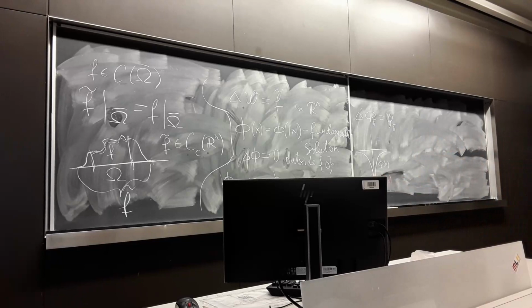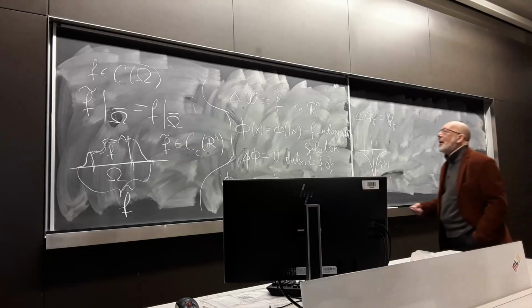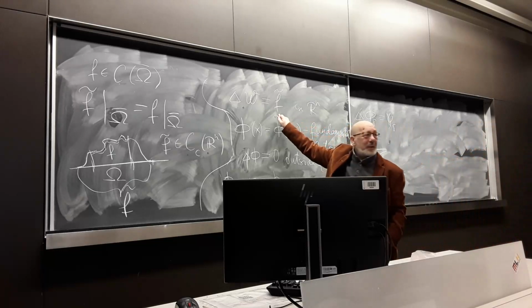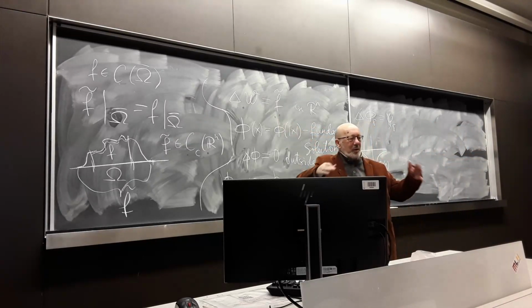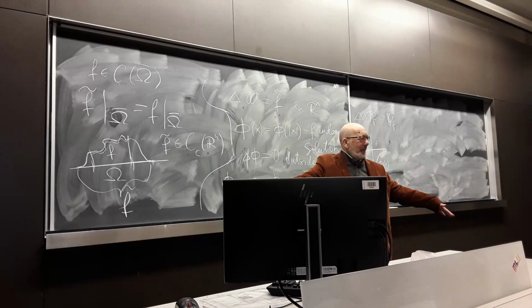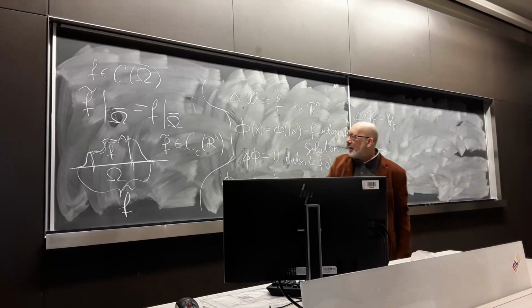So f is equal to f tilde inside of omega, right? But isn't the Laplacian of w equal to 0 inside of omega? No, Laplacian W is this f tilde. We said, first continue this right-hand side f, then we solve this equation.